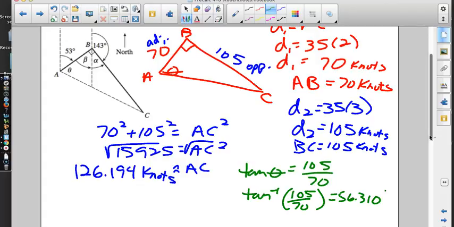But that's not our bearing, because that was a piece we needed to tell them the bearing. This is right here. But bearing is from true north. So the bearing means we're going to have to add that 53 to this nice little angle that we just had to get the bearing.